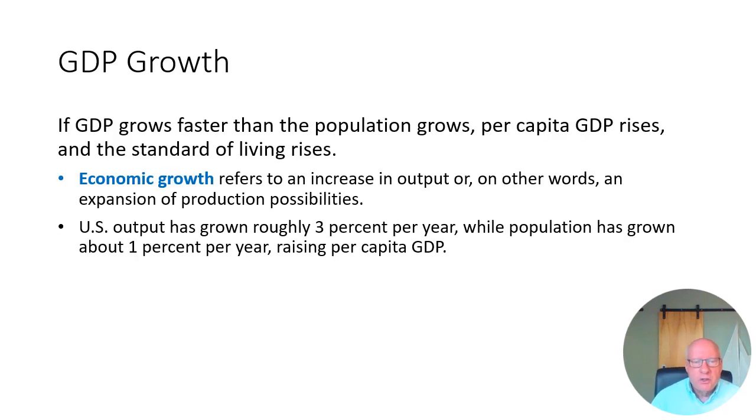So here's a nice factoid. If GDP grows faster than the population grows, per capita GDP rises and the standard of living rises. Now this is just a mathematical fact. Just picture in your mind, is it obvious to everybody, if the total economy is growing, think of the total economy as a large pizza.